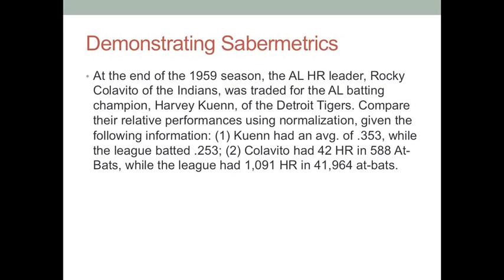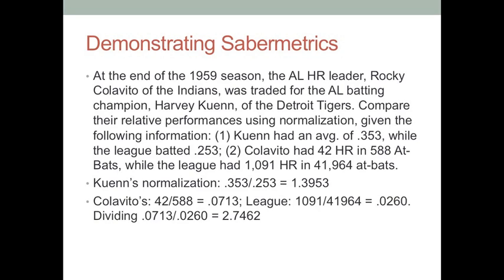Colavito had 42 home runs and 588 at-bats, while the league had 1,091 home runs and 41,464 at-bats. This is sort of a two-part question. We figure out Kuenn's normalization number. That is .353 divided by .253 for a normalization number of 1.3953.